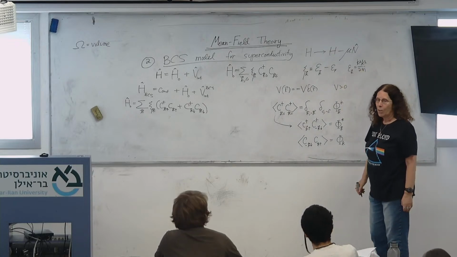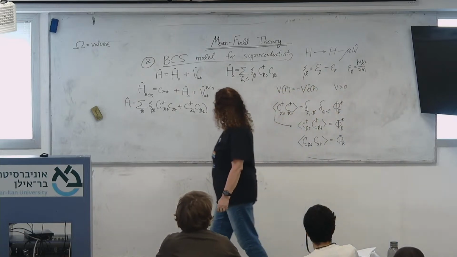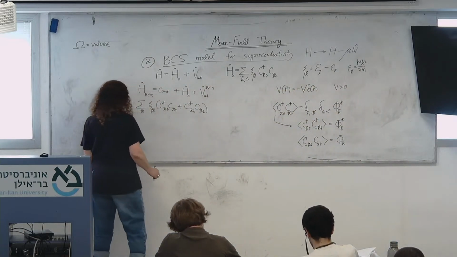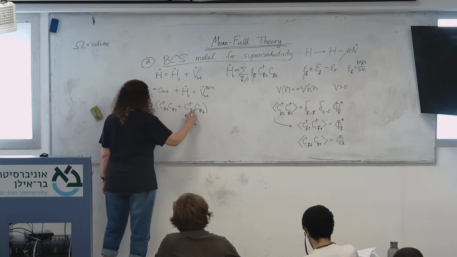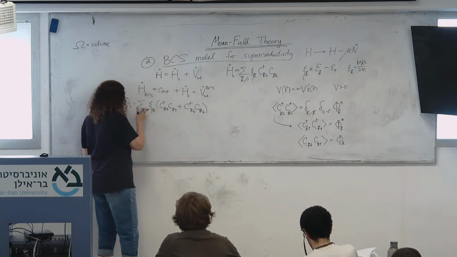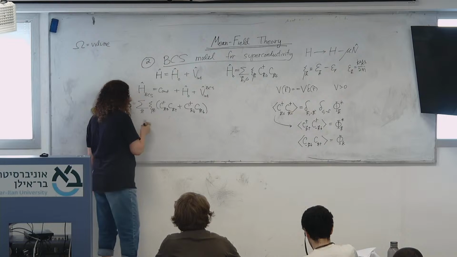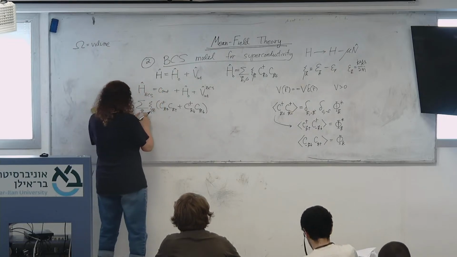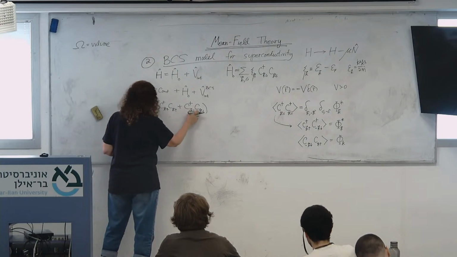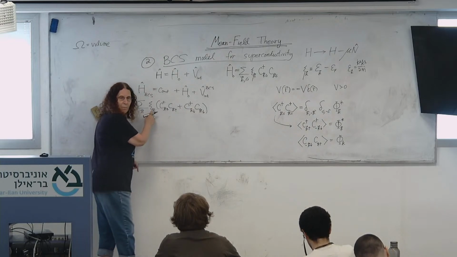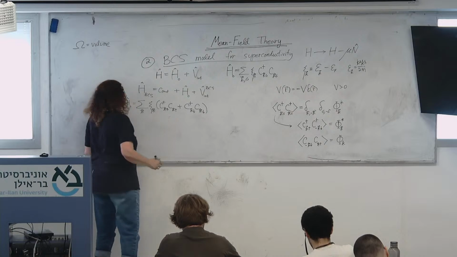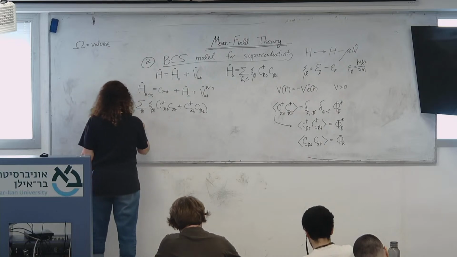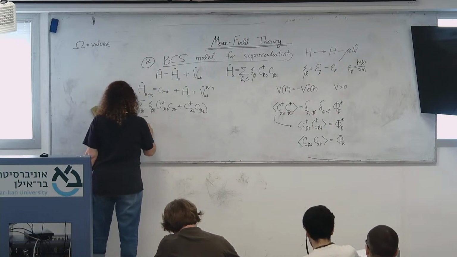Right? So that means that I can apply a reflection on the k's and put a minus sign on this without changing the sign. And then I will get the following expression.